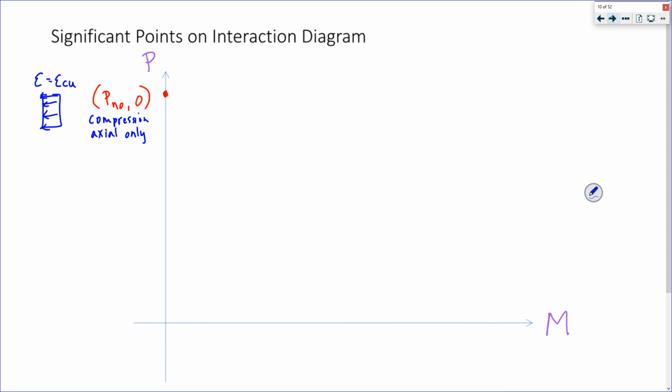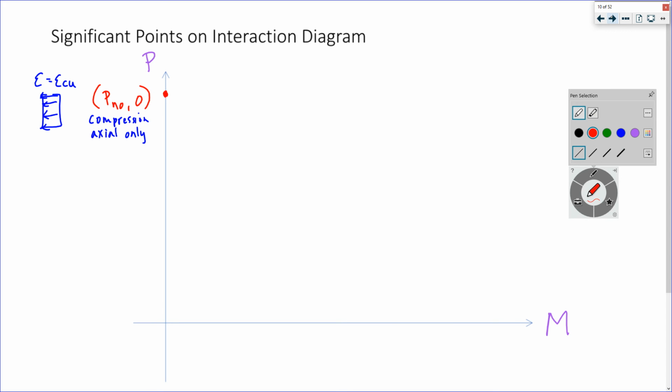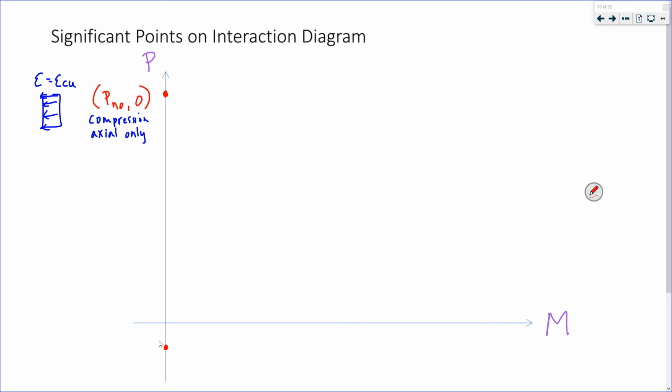On the other side, I have tension only. Gonna call this PT.